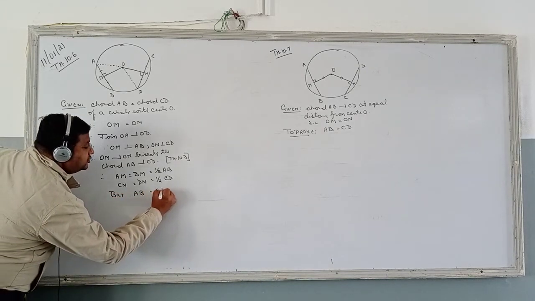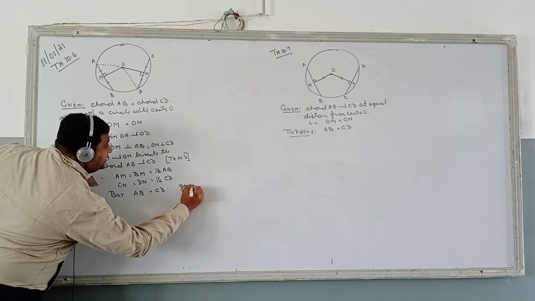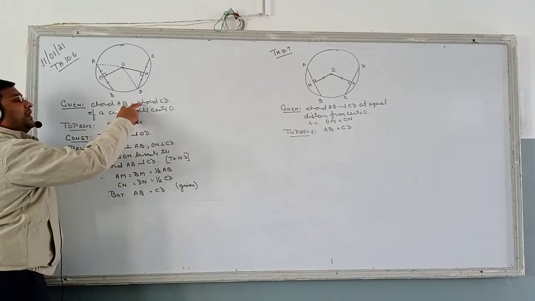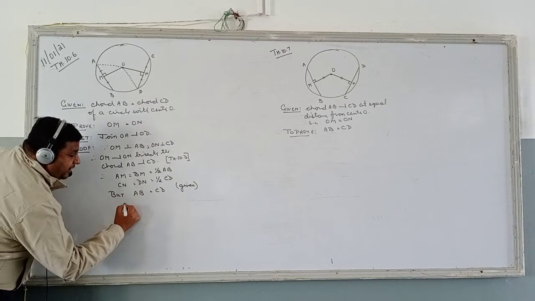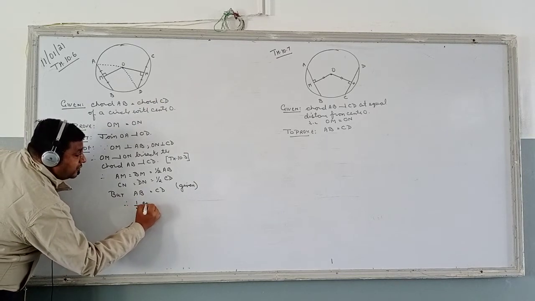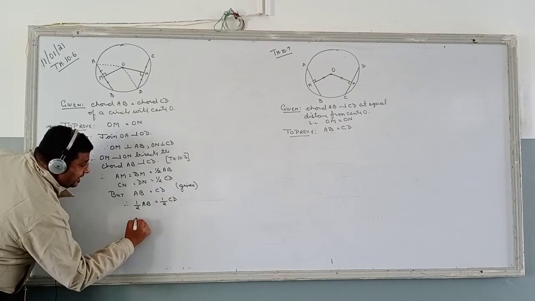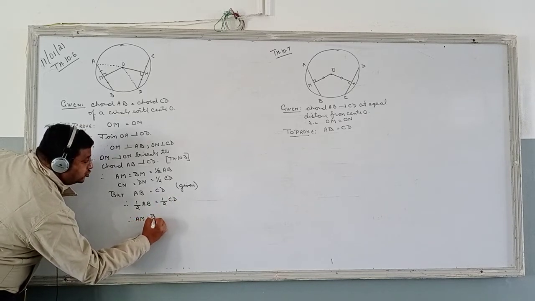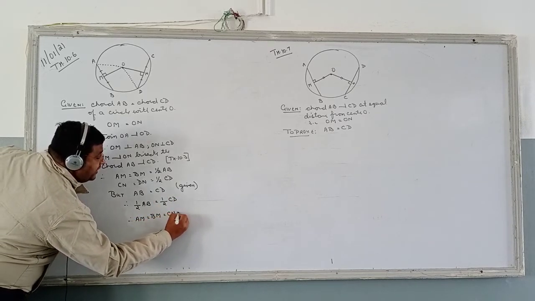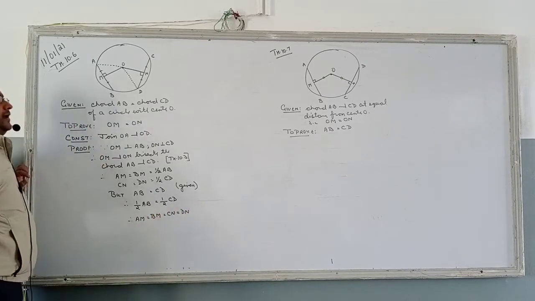AB is equal to CD, that is given to us in the question. So if the chords are equal, their halves are also equal. Half of AB equals half of CD, that is AM equals BM equals CN equals DN.